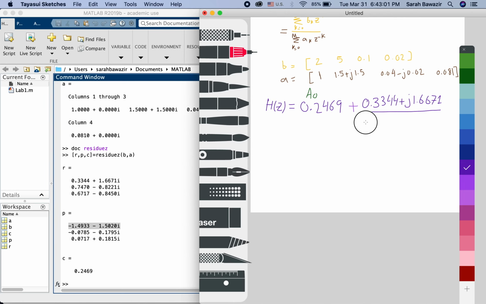Okay, so it's 1 minus, what is the expression of the pole?